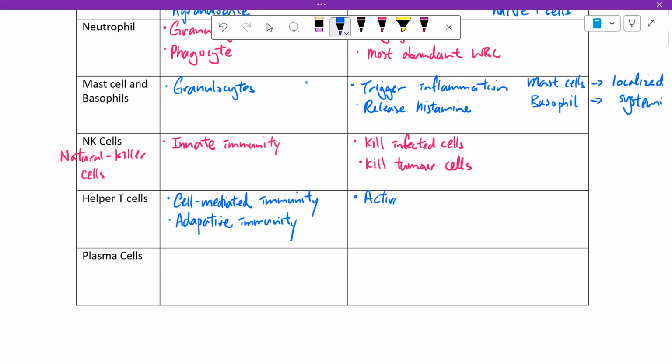And they activate naive B cell. Help coordinate immune response.